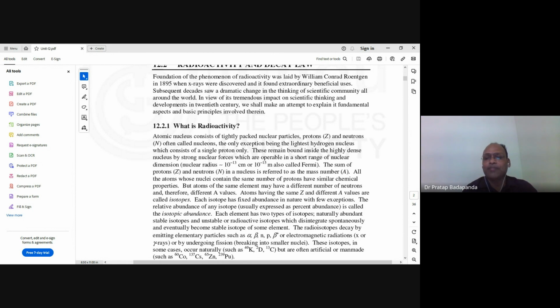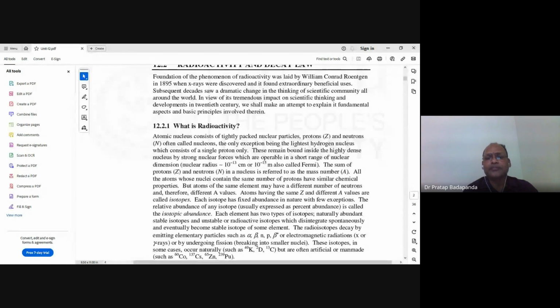Each element has two types of isotopes. One is naturally occurring isotopes, that is stable isotopes, and one is radioactive isotopes, which disintegrate spontaneously and eventually become the stable isotopes of some elements.